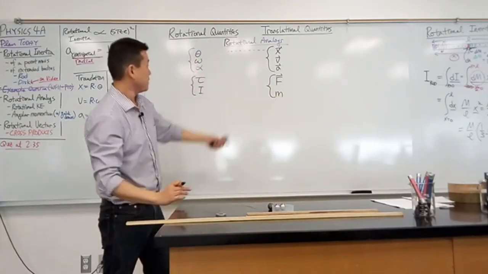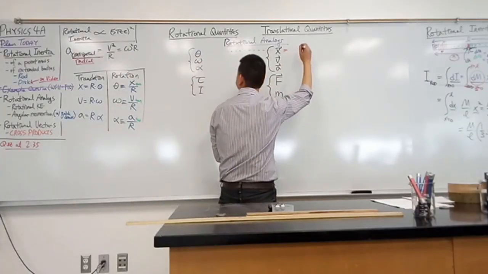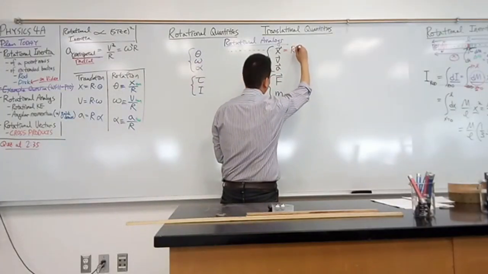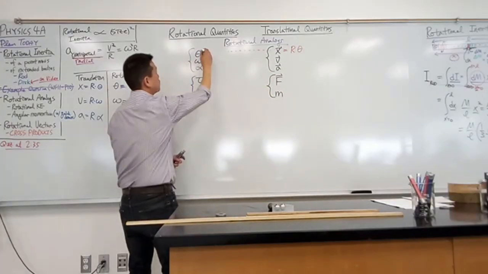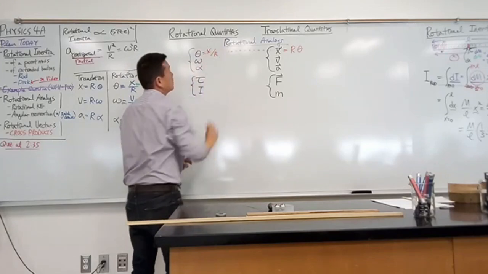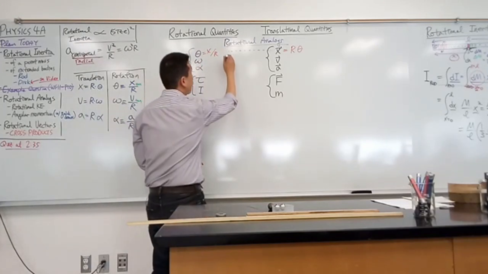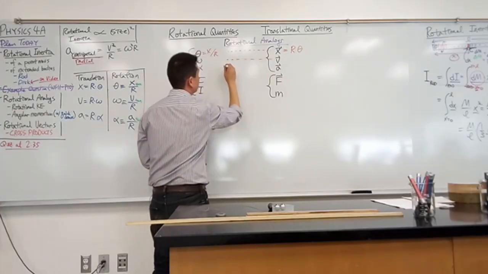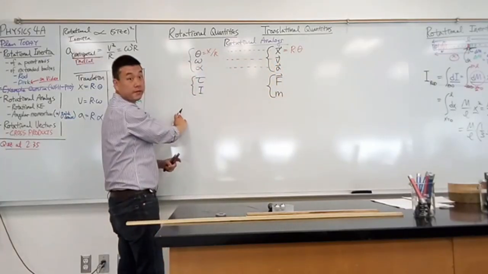So this distance here is r times the angular position, or invert that relationship and say this is x over r. I won't write down all of them since I already did. There's the one-to-one analogy between every quantity here and every quantity here.